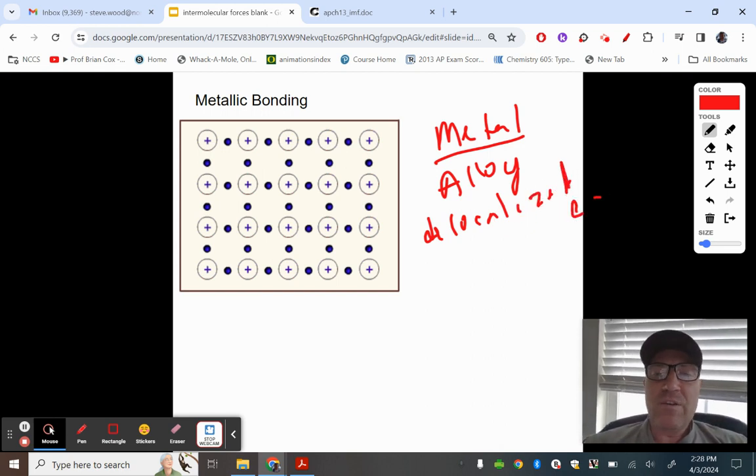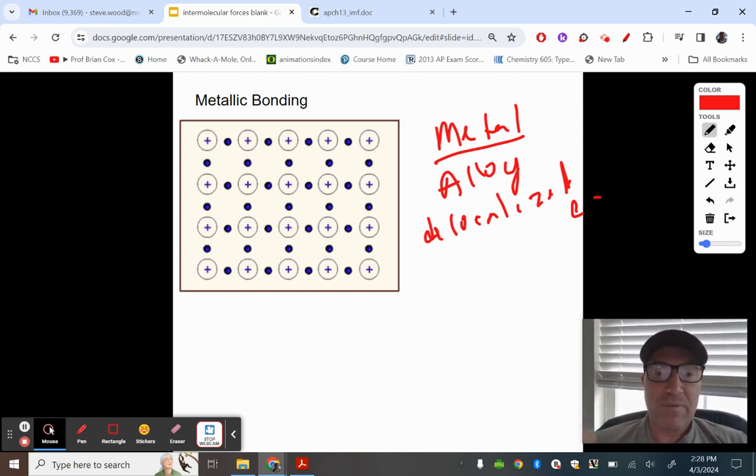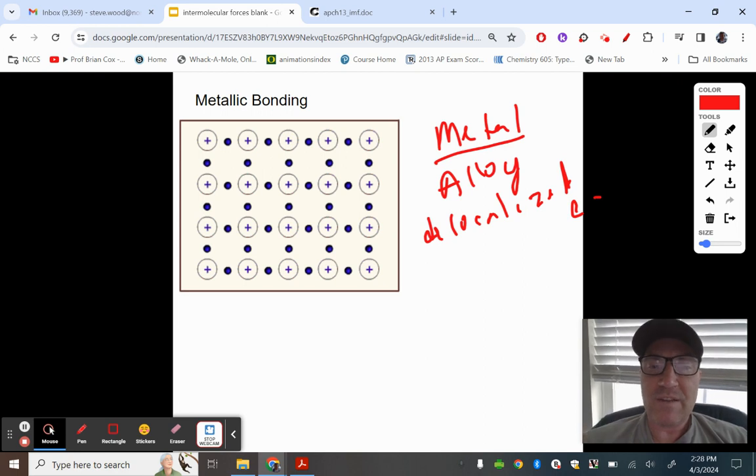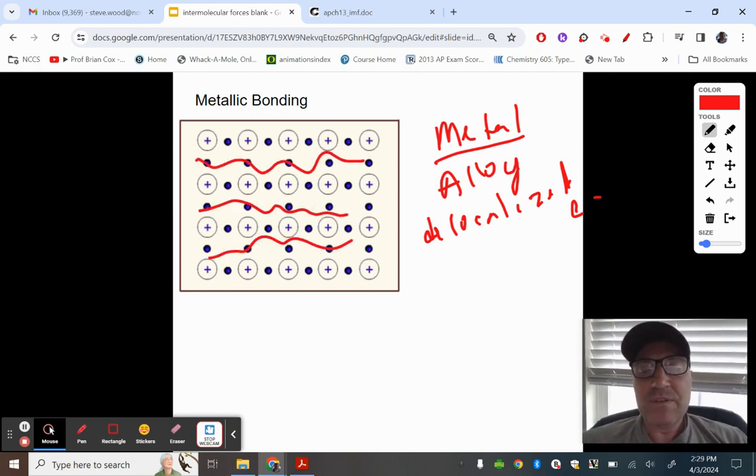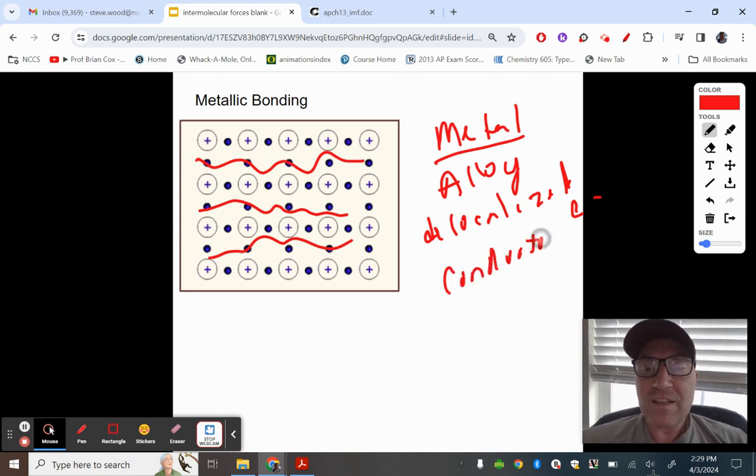When you have delocalized electrons, basically the d sublevels all overlap in these atoms. Do you remember how a lot of these have empty d sublevels? That allows electrons to freely flow between atoms. And so all metals are conductors because of the type of bonding they have.